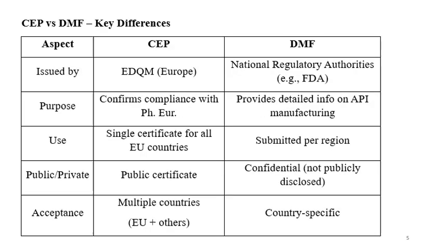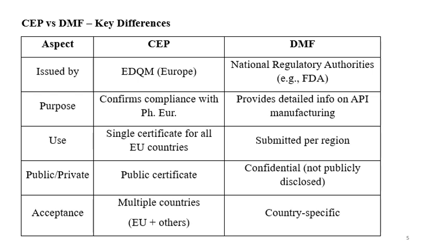These are the advantages. Now coming to the differences between DMF and CEP. CEP is issued by EDQM Europe, and DMF is for the national regulatory authorities like FDA. CEP confirms compliance with PHUR while DMF provides detailed information on API manufacturing.